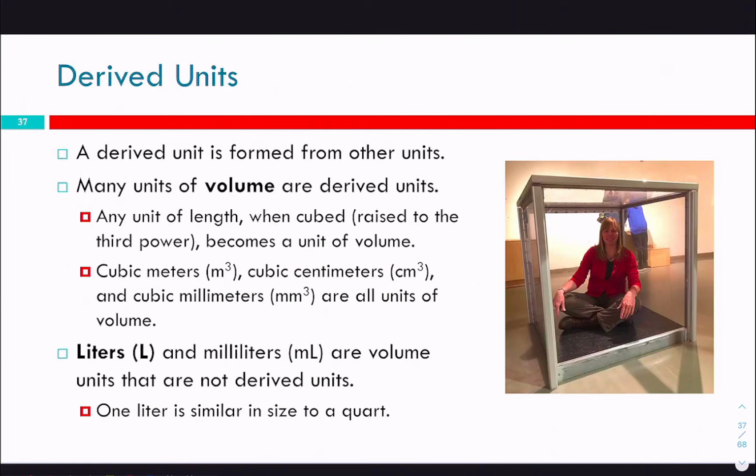What changes, though, is if you go from a length cubed to something like a liter or a milliliter. Liters and milliliters are units of volume, but they are not derived units. You can convert them into derived units, but they are not themselves derived units.